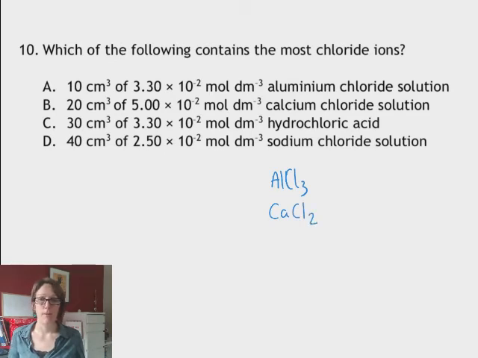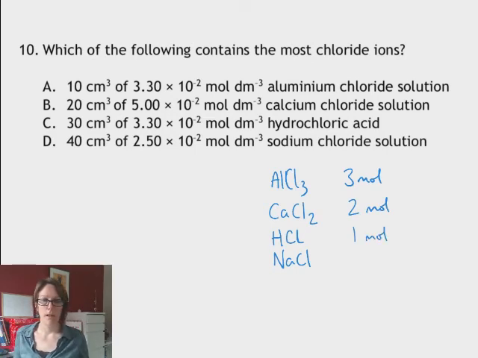So they're going to have different formulae and different numbers of moles of chloride ions per mole of compound. So per mole of aluminium chloride, there are going to be 3 moles of chloride ion. For calcium chloride, per mole, there are going to be 2 moles of chloride ion. And for the last two, just 1 mole each.